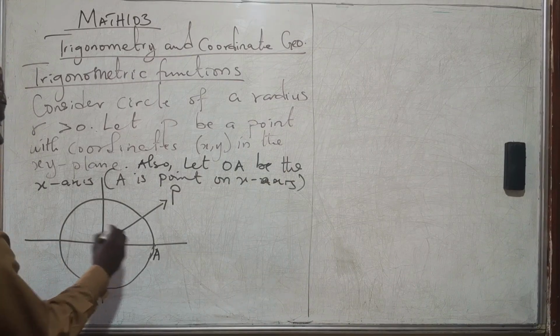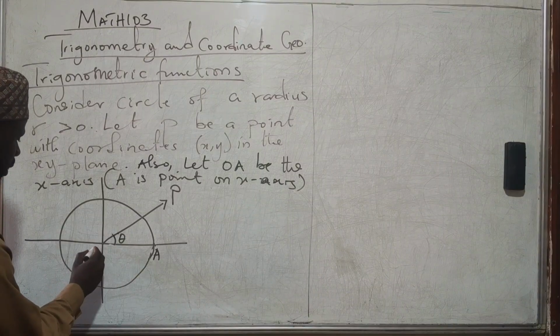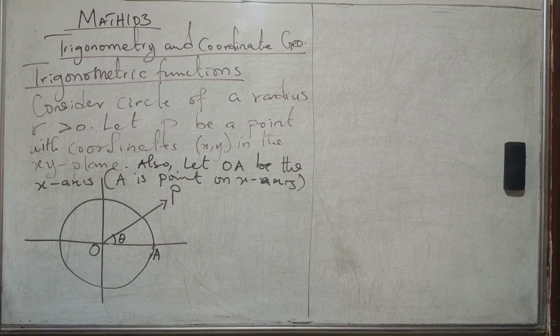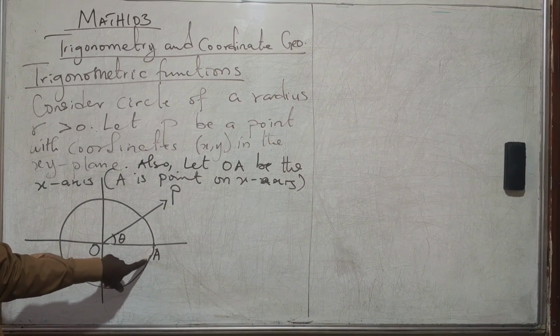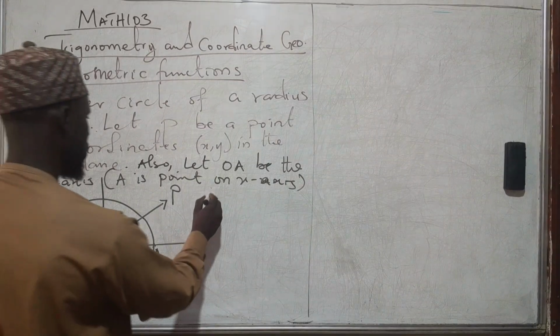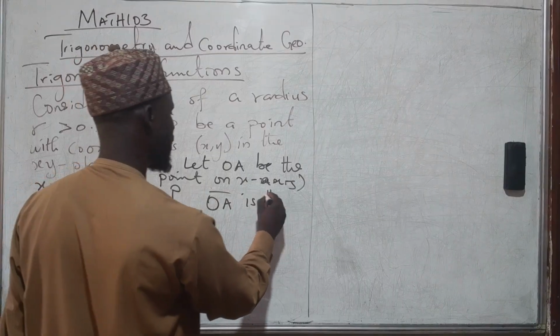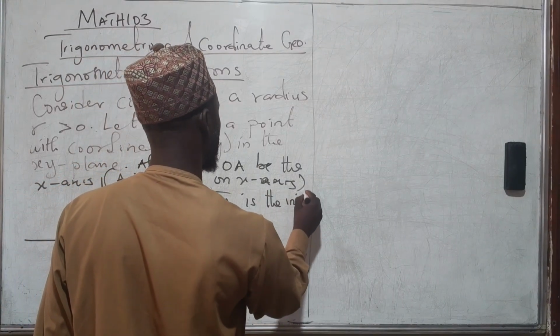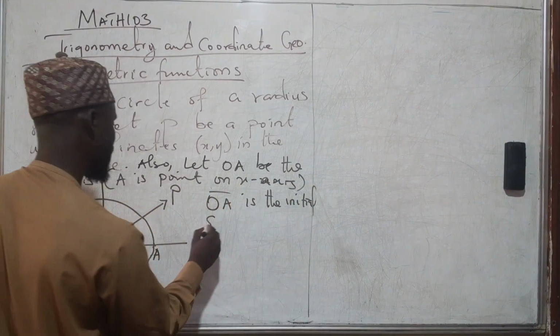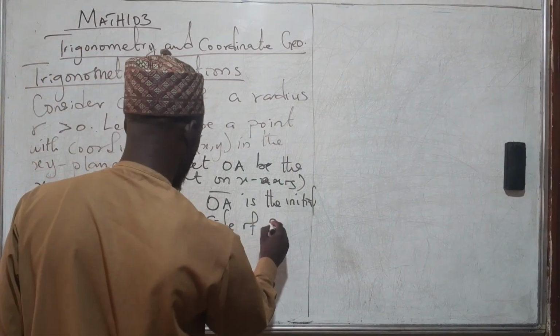So what we mean, the circle is centered O, and A is a point here on the positive x-axis, meaning OA is the initial side of the angle theta.